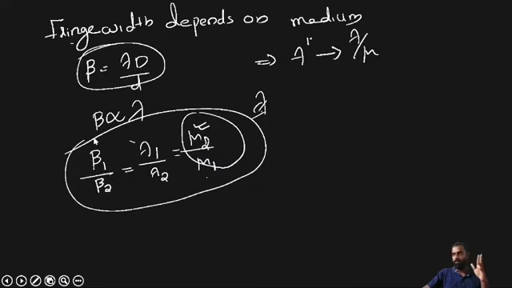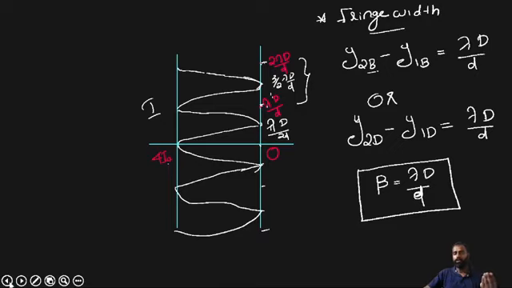Then we introduced the term fringe width. What is fringe width? It is the distance between two consecutive maxima or between consecutive minima. We found the expression for beta is lambda D by d.